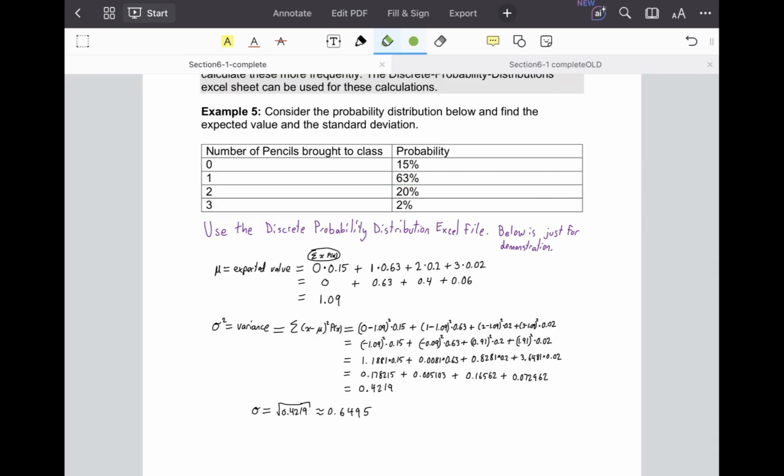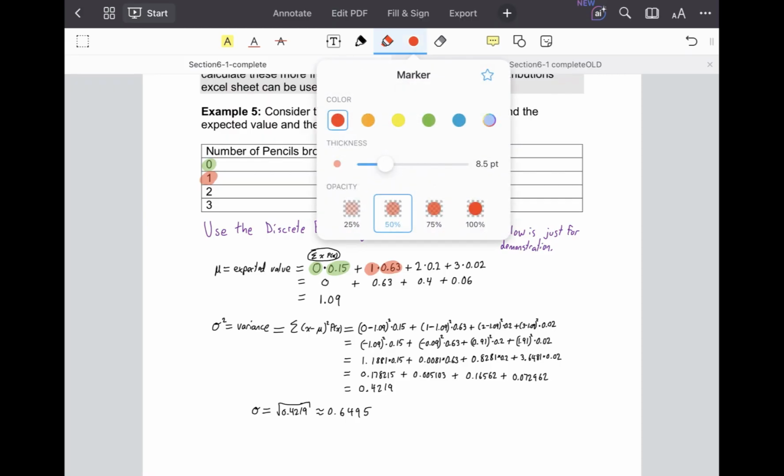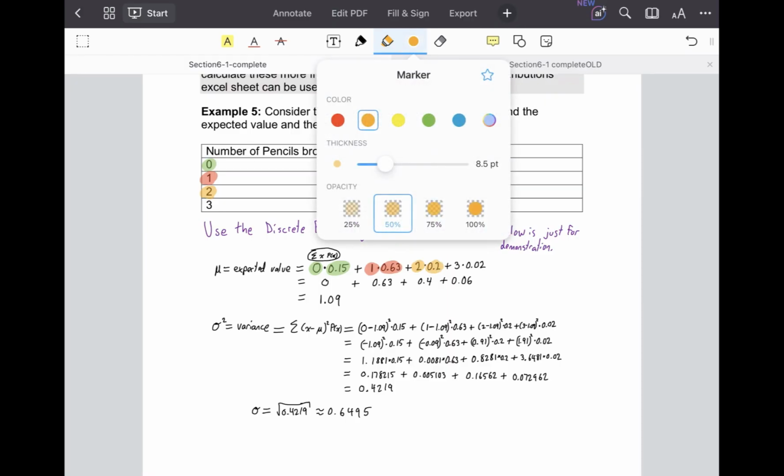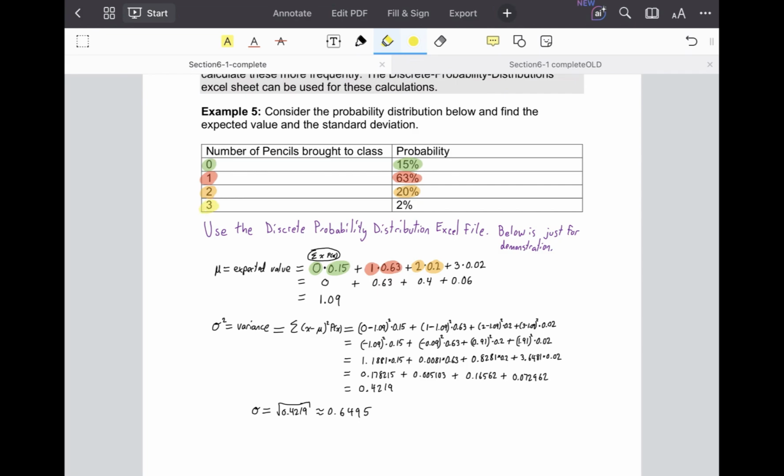If you're calculating the mean, you're taking this 0 times the 15%, then adding the next row, 1 times the 63%, then the next row, 2 times 20%, and then the last one, 3 times 2%.